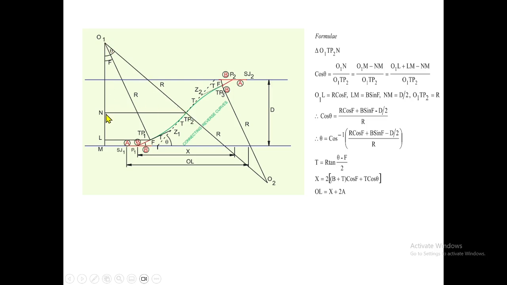The adjacent side is O1n and the hypotenuse is O1 TP2. So how do we find out O1n? First we have to find out O1n. We are finding this O1L plus Lm minus Nm, which will be your O1n.